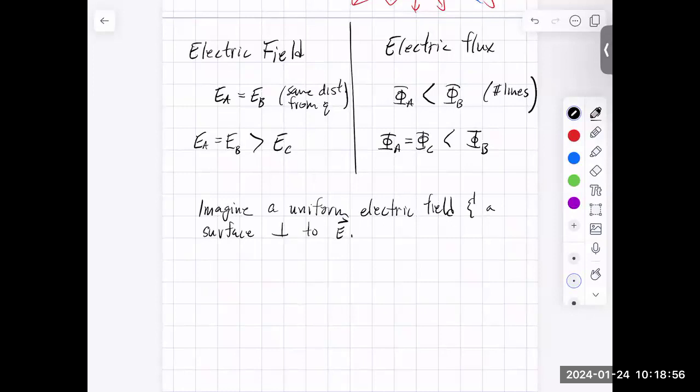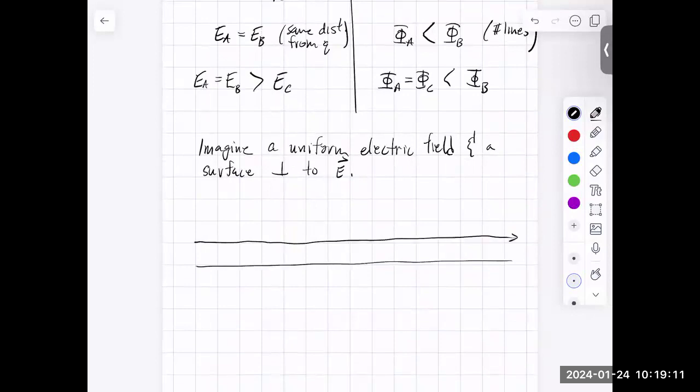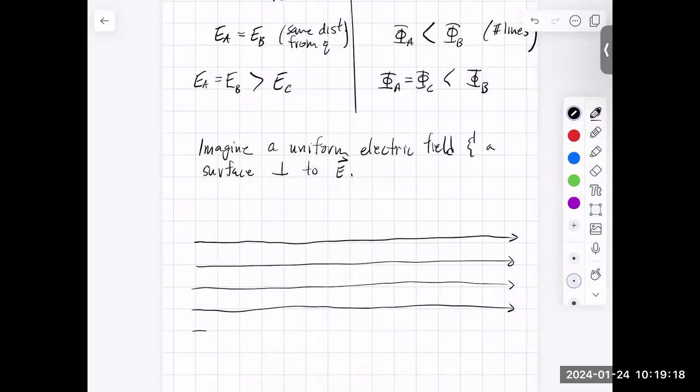So we have a uniform electric field and a surface that is perpendicular to that electric field. Uniform means that the strength and direction of an electric field is everywhere the same in some region of space. I'll just draw this as a horizontal electric field, with straight lines that are equally spaced, something like this.